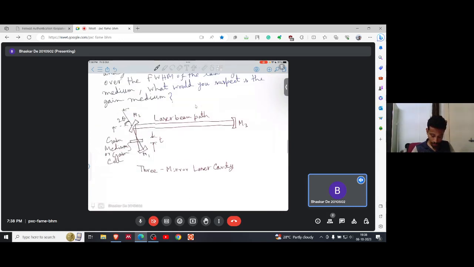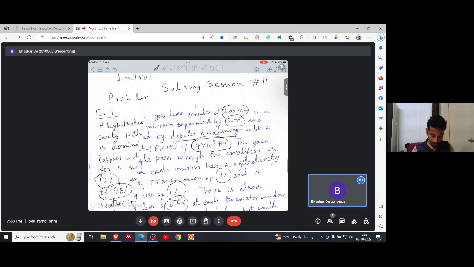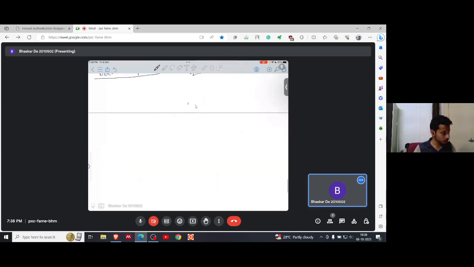So this is the 3 mirror laser cavity, and in the problem we are given that the focal length of both M1 and M2 is 0.1 meter.